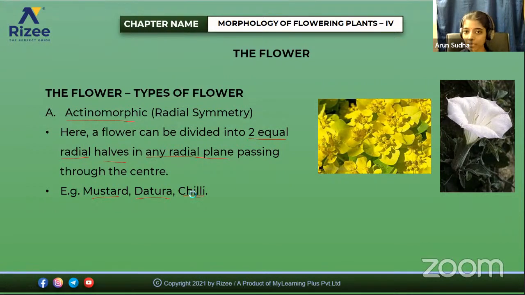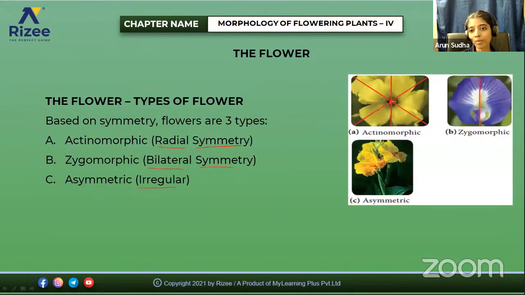So if you see the actinomorphic flower, any plane can cut it into two equal halves. So this is actinomorphic or radial symmetry. But if you see this, this is a zygomorphic flower. So only in one plane it can be cut into two equal halves. So this is zygomorphic.